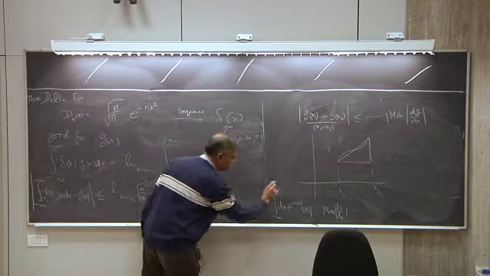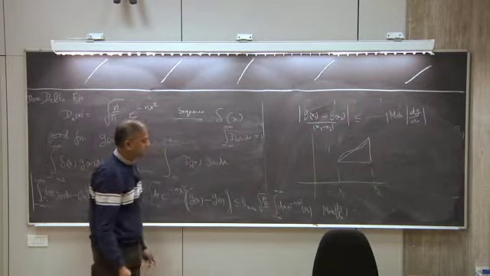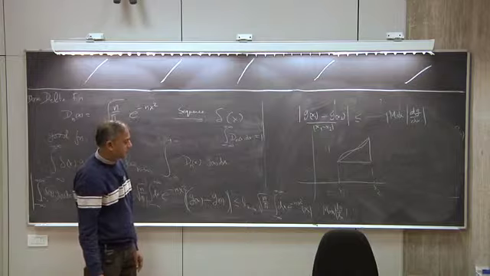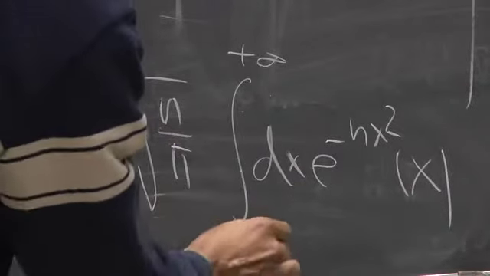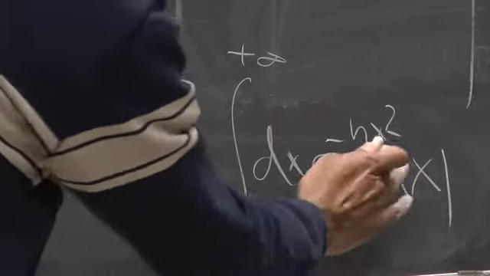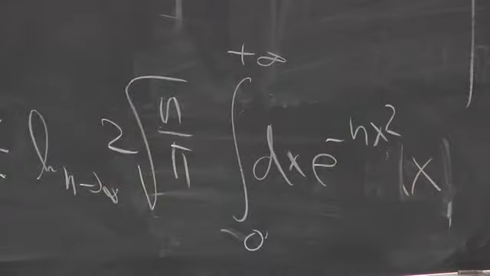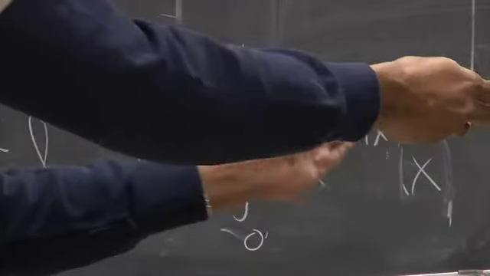Now this quantity, we can see immediately what the answer is. This is an even function, so this is the same as the integral from 0 to infinity with a factor of 2 and just x, because it's the modulus of x, a good even function.